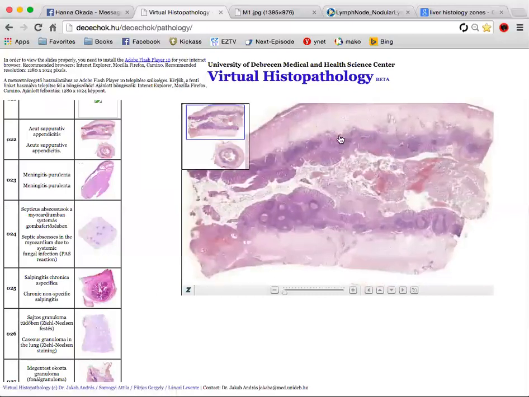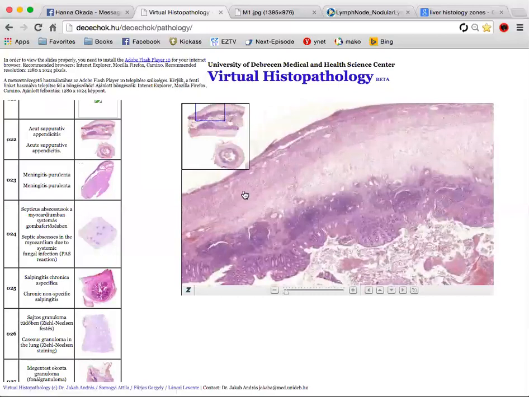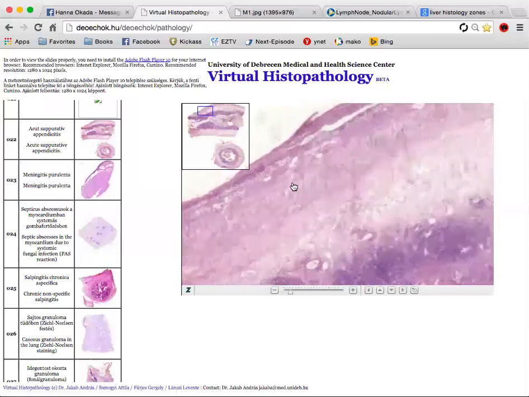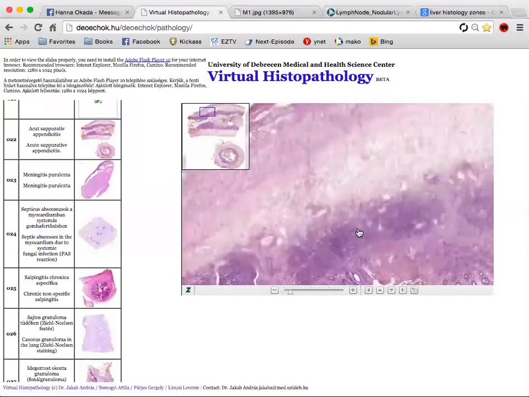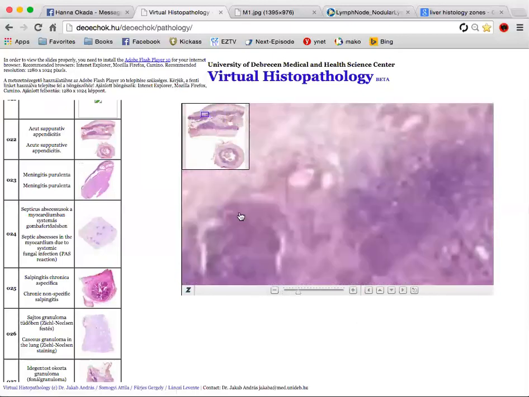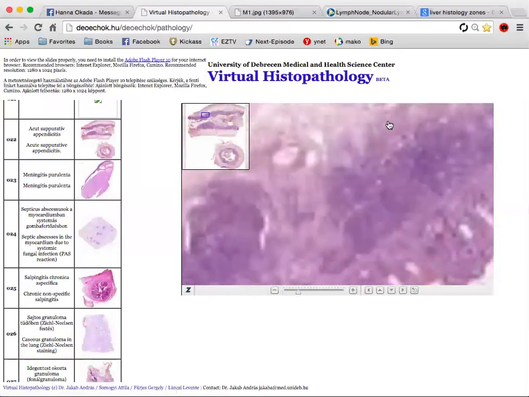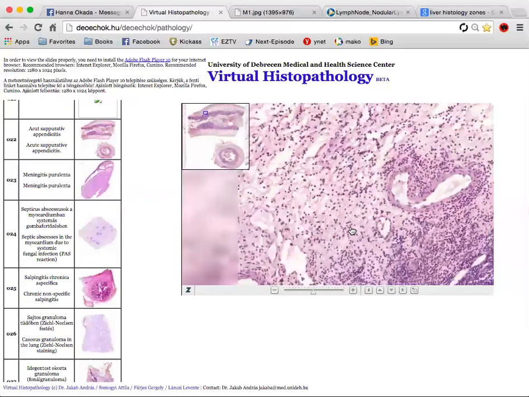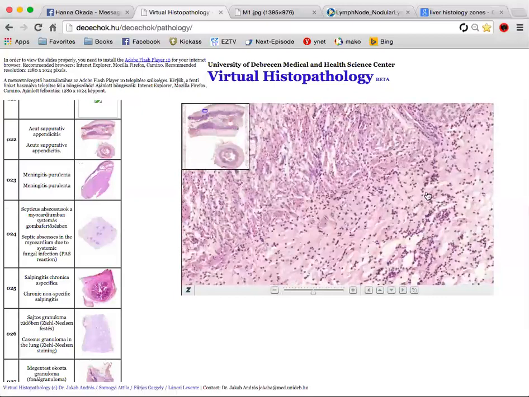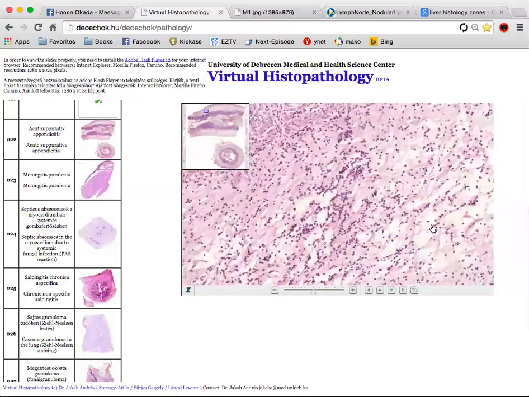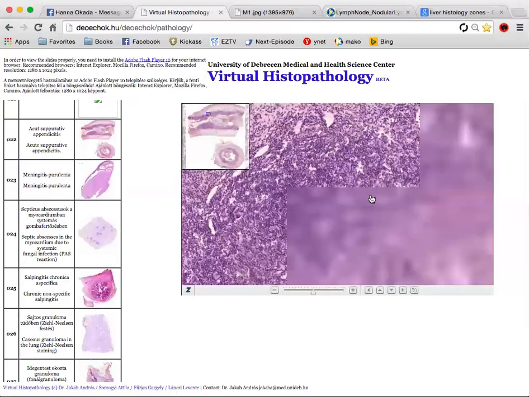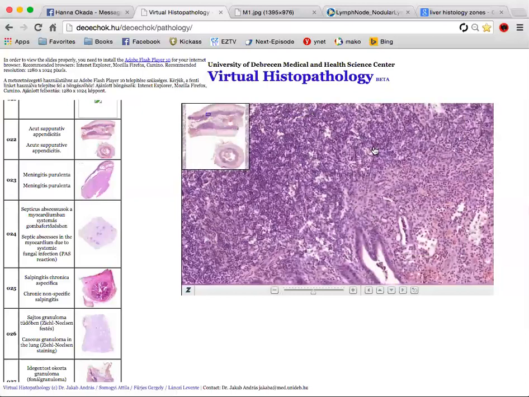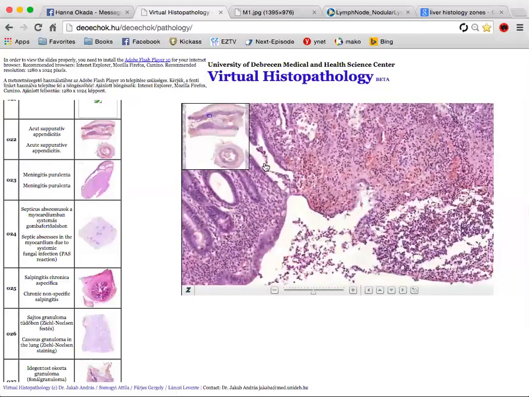What you can see is there's a mucosa, a submucosa, and a small muscular layer, but the entire thing is invaded by acute inflammatory infiltrate. It's full of neutrophils, a lot of neutrophils in the entire thing. It's completely destroyed.